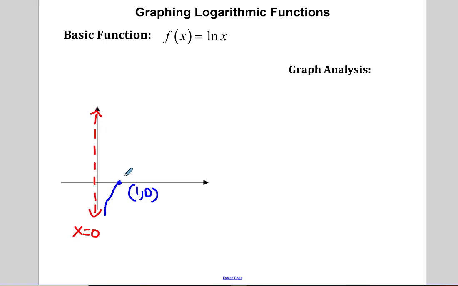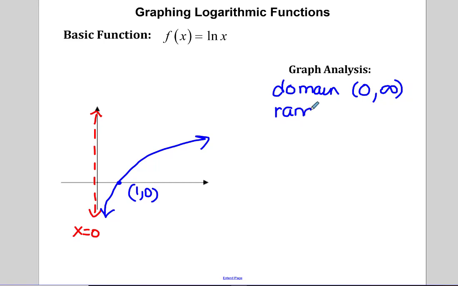And we're curving slowly, concave down toward the right. So we know the domain: we can say the domain is from 0 to infinity. The range is all reals, from negative infinity to infinity.